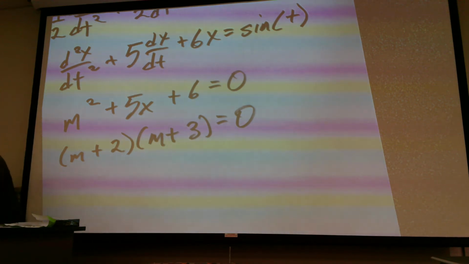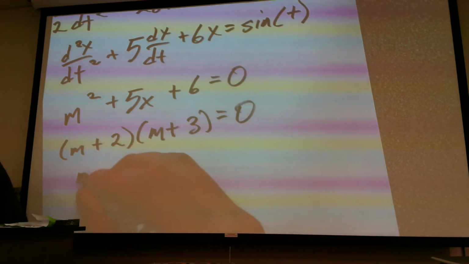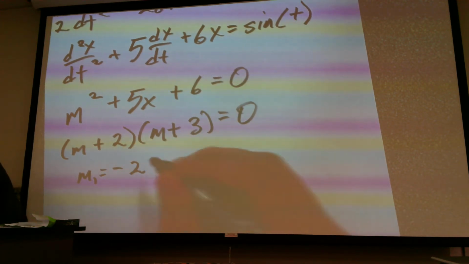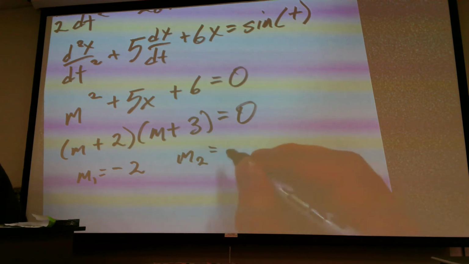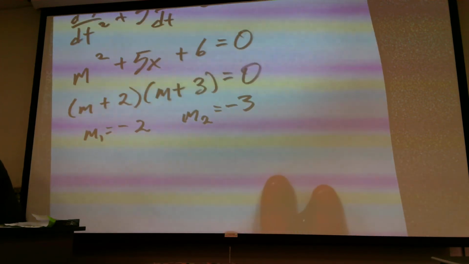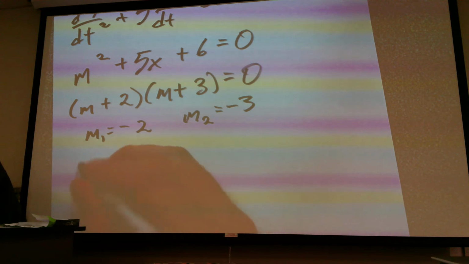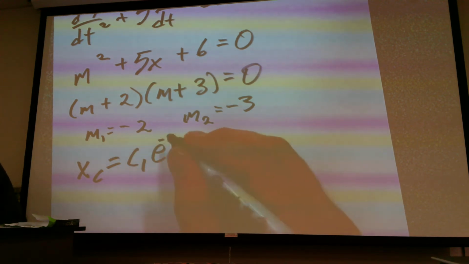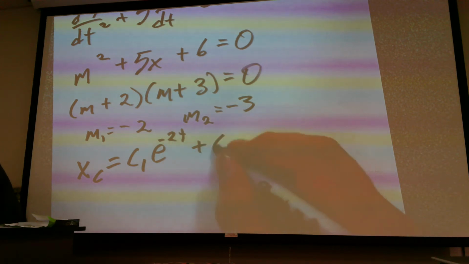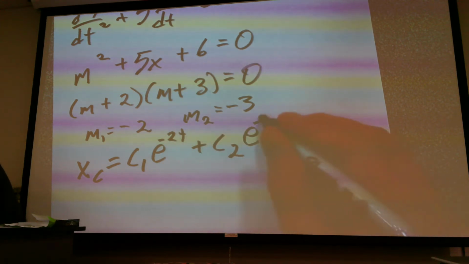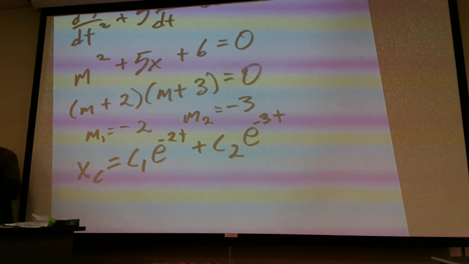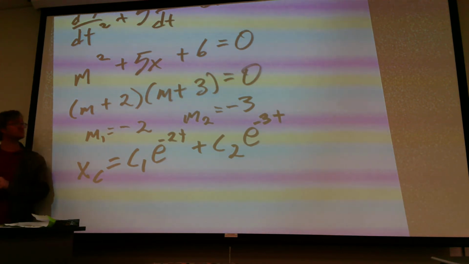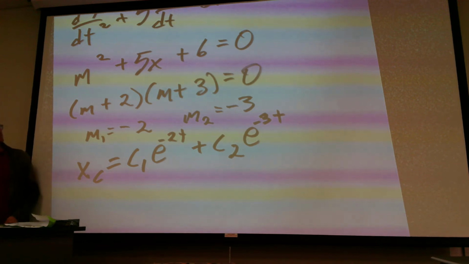So m1 is going to equal -2 and m2 is going to equal -3. So x sub c is going to equal c1 e to the minus 2t plus c2 e to the minus 3t.